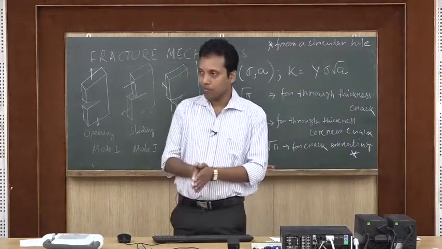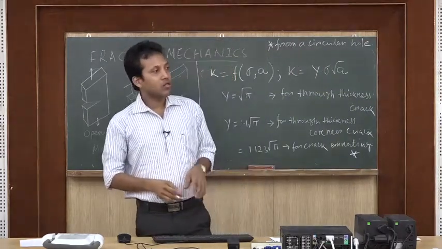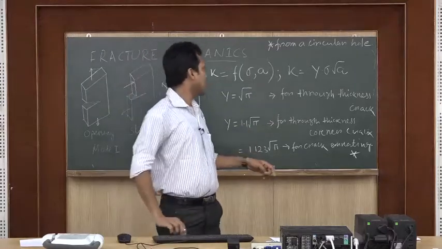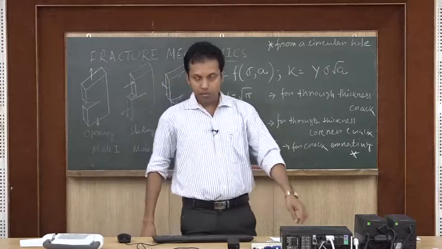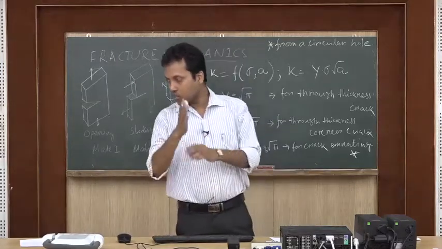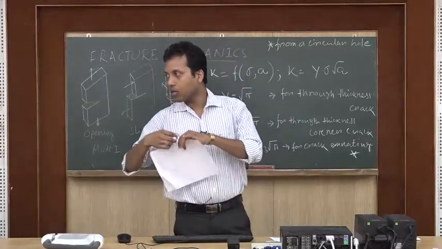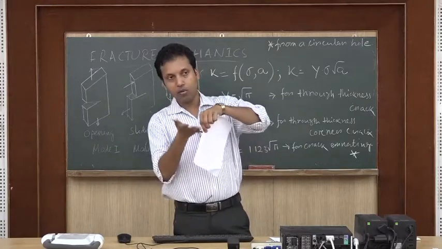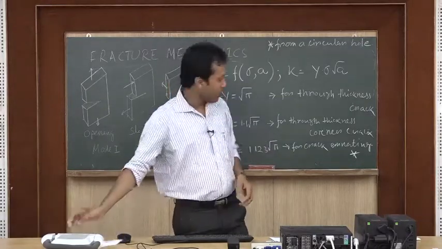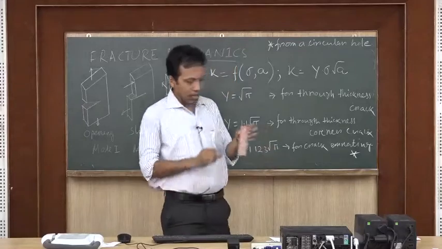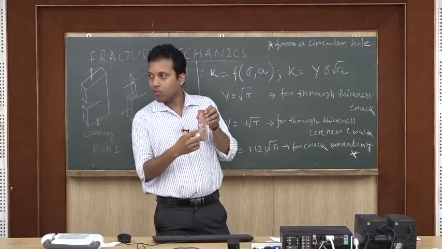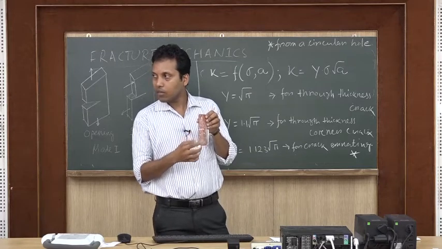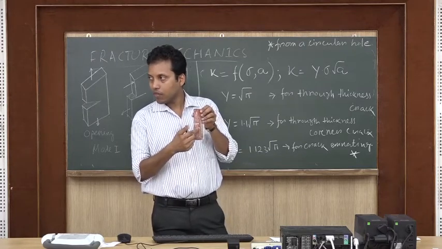If the crack is through thickness but situated at the corner, like the paper I showed at the beginning, it is just at the edge corner. If it is thick and the crack is at one of the corners, a little bit deep inside, this is a through thickness crack, but it has started from the corner.